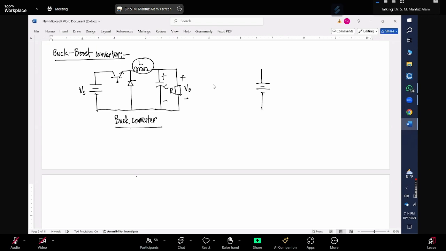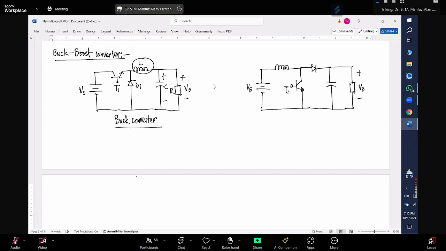So instead of connecting this inductor with the load, we connect the inductor with the source, and then it is connected to a switch. Suppose this is my T1, this is D1. We connect that with the source voltage, with a diode, and then we have a capacitor and load.